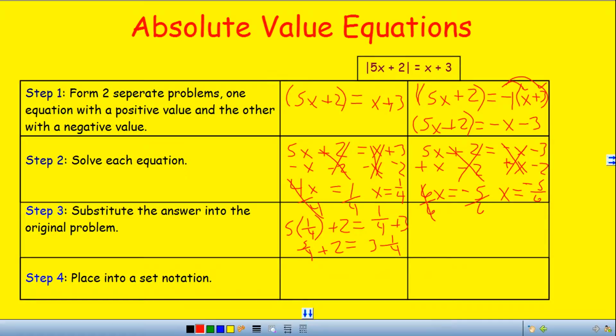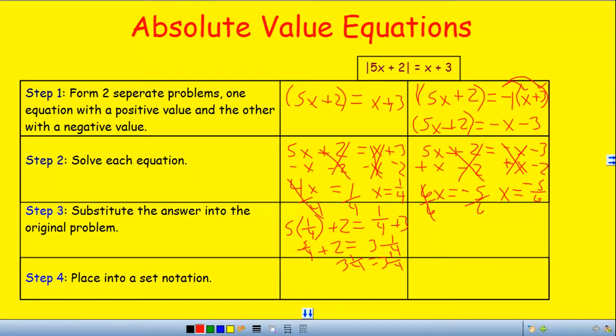Well, 5/4 is the same as 1 1/4, right? So if I have 1 1/4 and I'm adding that to 2, that becomes 3 1/4. And 3 1/4 does equal 3 1/4. So that checks out.